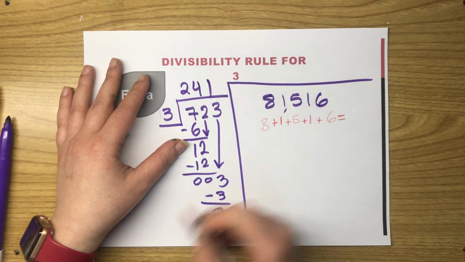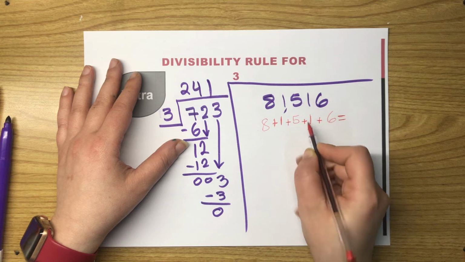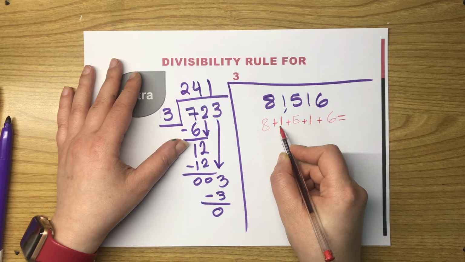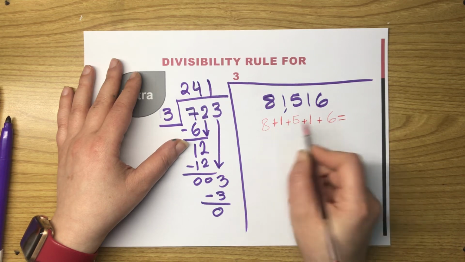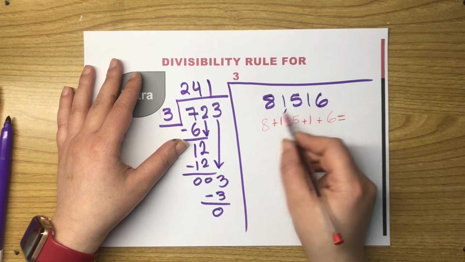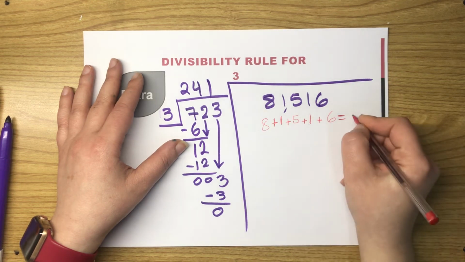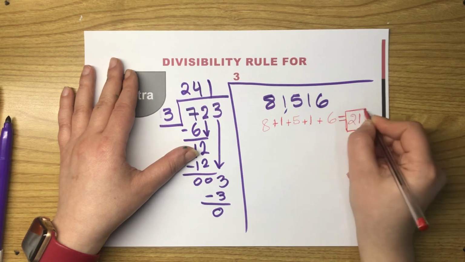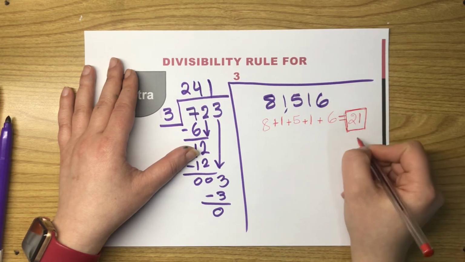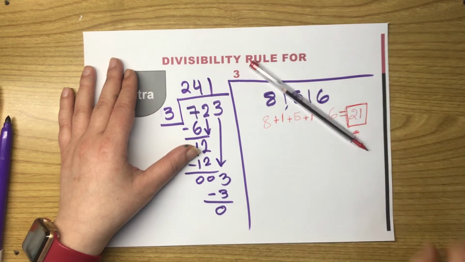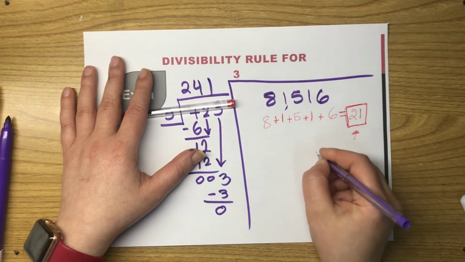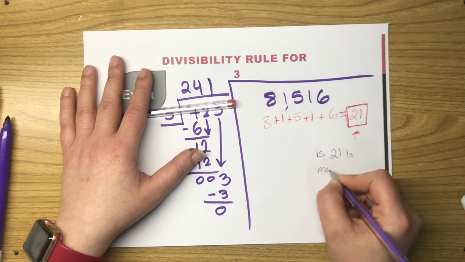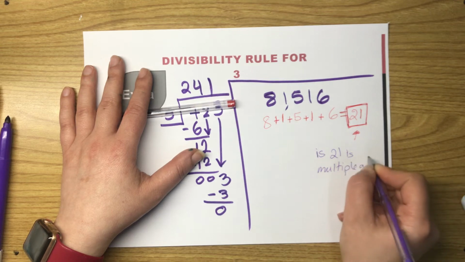Add these digits. 6 plus 1, 7, plus 5, 12, plus 1, 13, plus 8, 21. The last answer that you find, ask yourself, is 21 a multiple of 3?